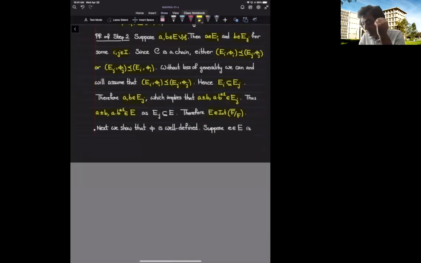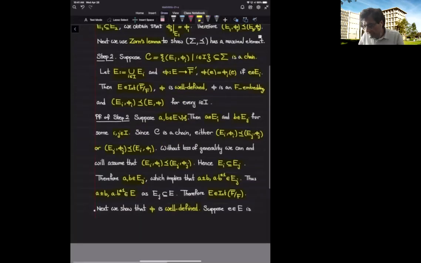Okay, next we want to show that the map φ is well defined. How can we show that? Again, let's start by understanding the issue. When I want to define φ of e, I have a choice to make. There are possibly infinitely many indices i that have the property that E_i contains the element e.